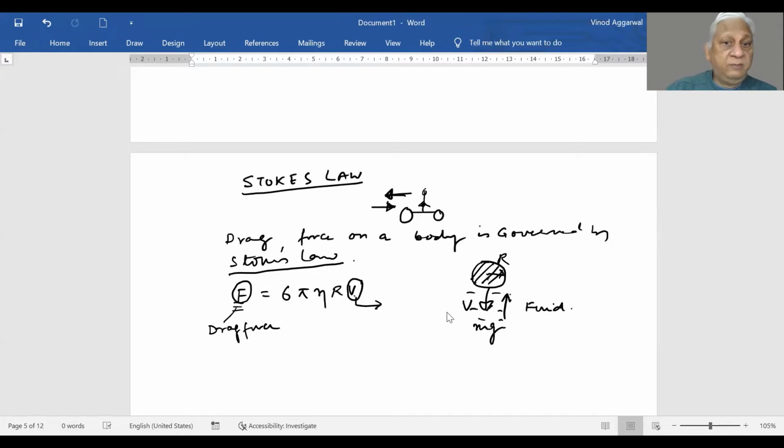So a situation will come when v will no longer change, it will become constant. Because if it changes more than this, the upward force will become more than the downward force, which will never happen. So a situation where our velocity becomes constant is called terminal velocity. So we define v as terminal velocity.